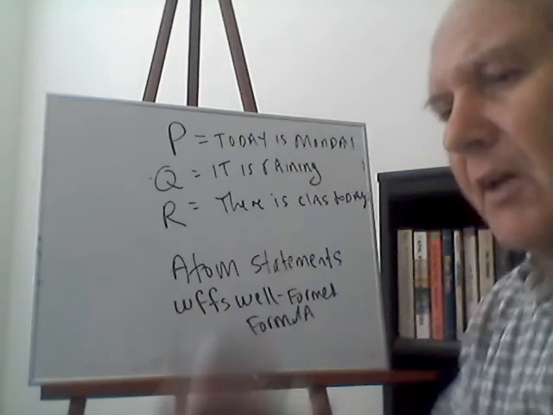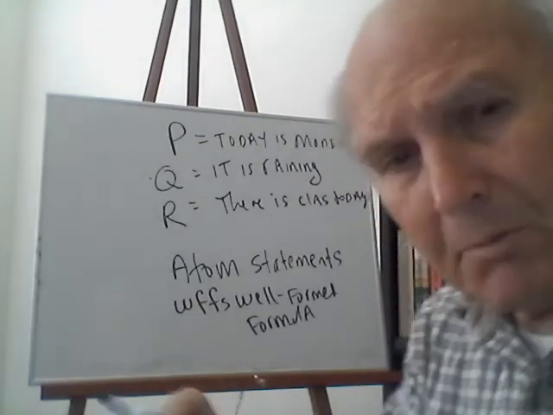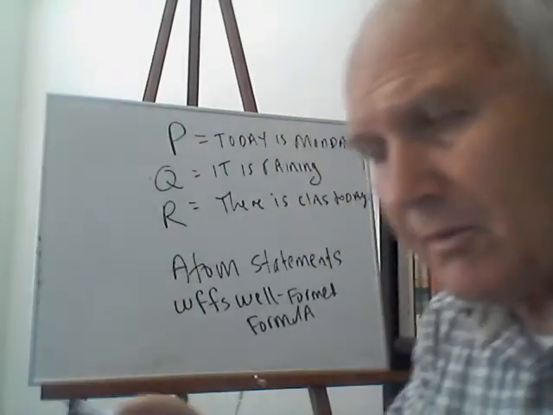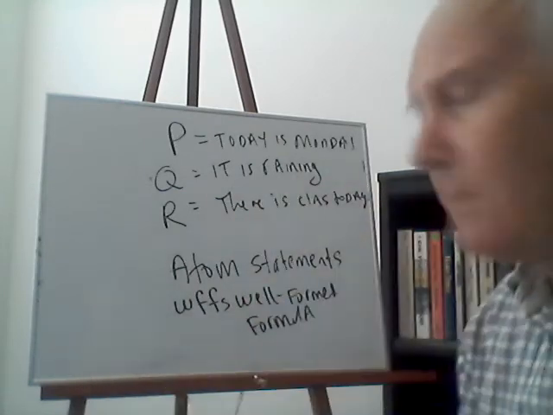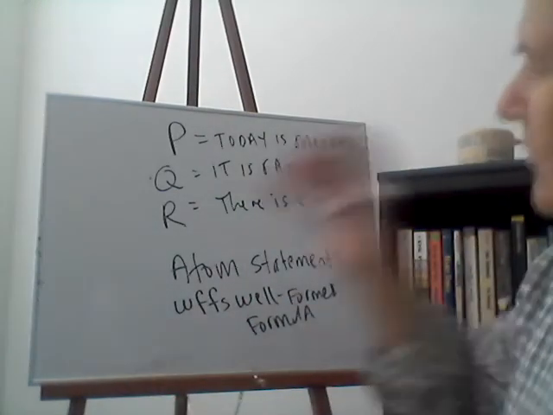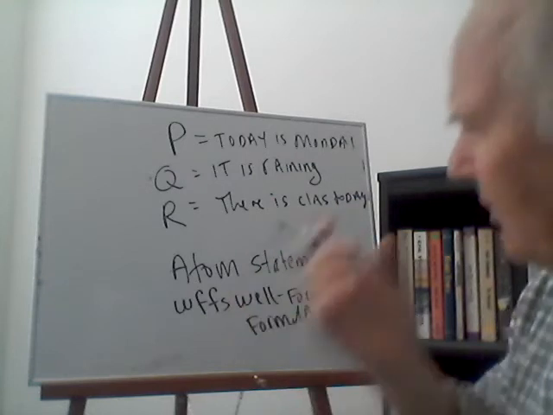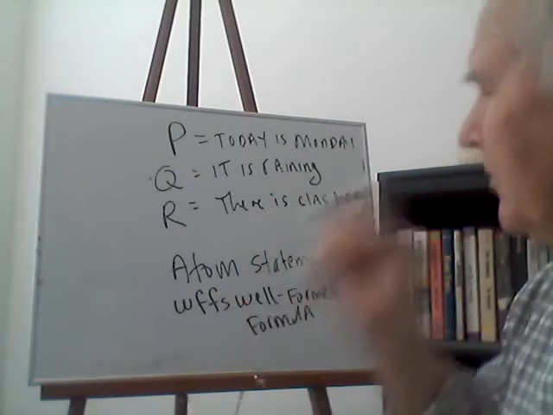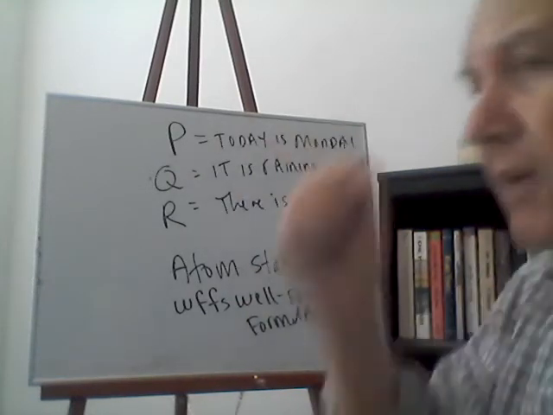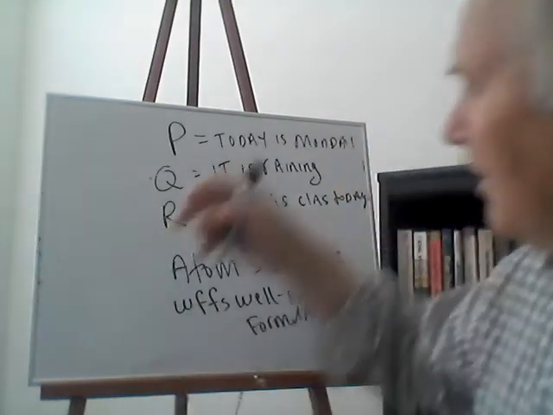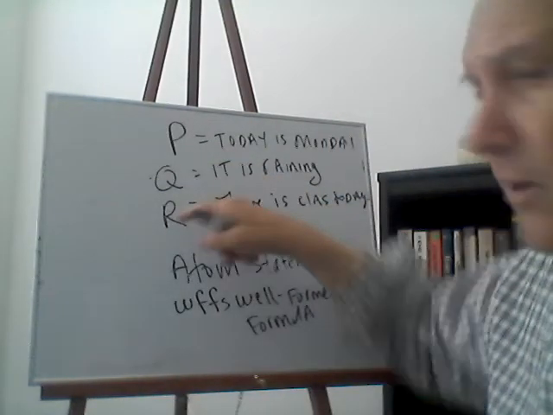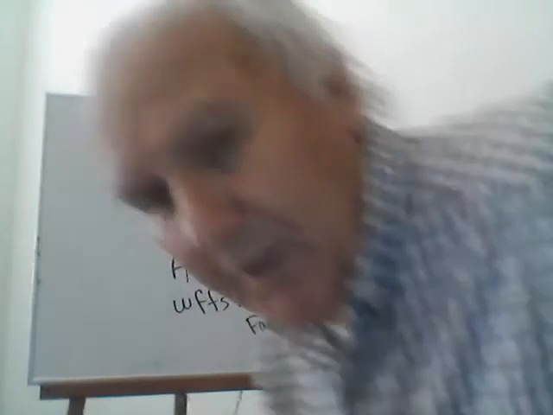If something is not a WFF, it doesn't mean anything in symbolic logic. It's meaningless, and you can't do anything with it. The simplest WFFs are the atomic WFFs, the atomic statements, P, Q, and R. Those are the letters I'll be using.